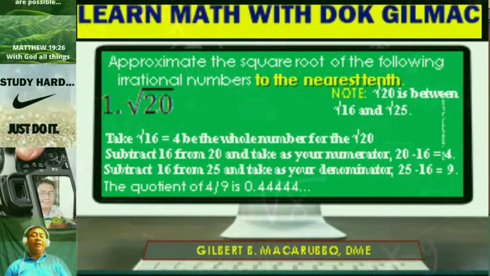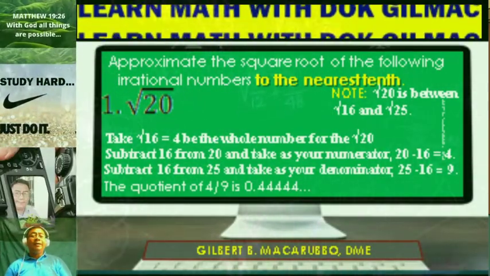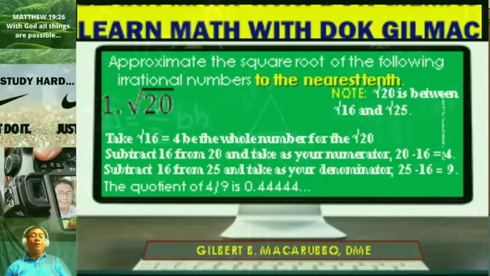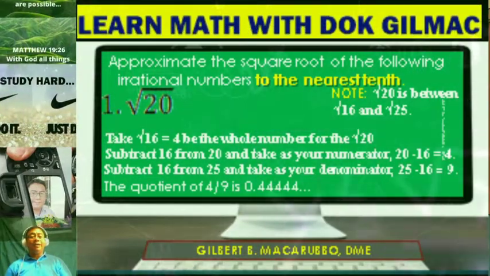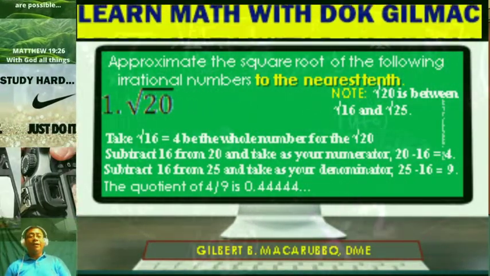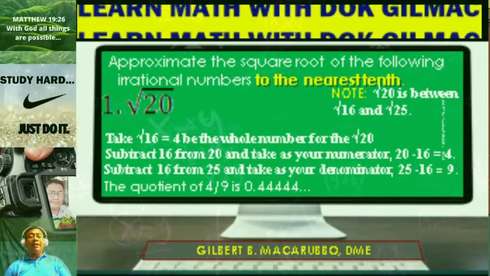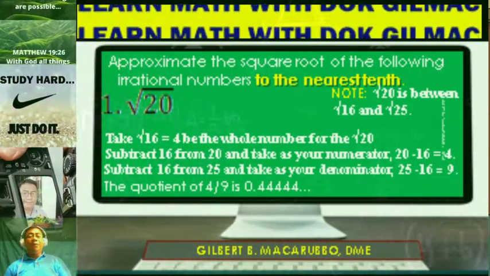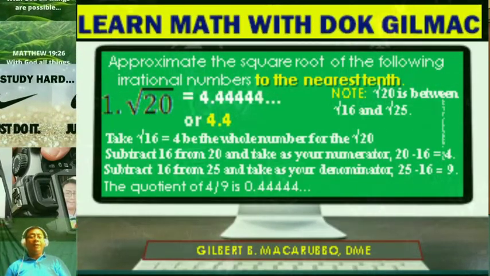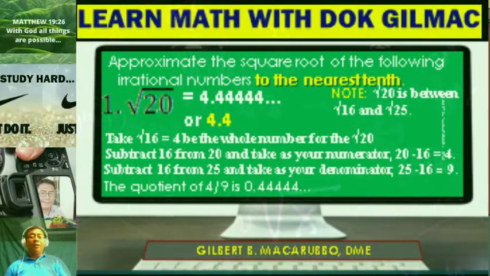So 4 divided by 9, the quotient is 0.4444. It's a repeating decimal. So therefore, square root of 20 is just equal to 4.444 or simply 4.4.